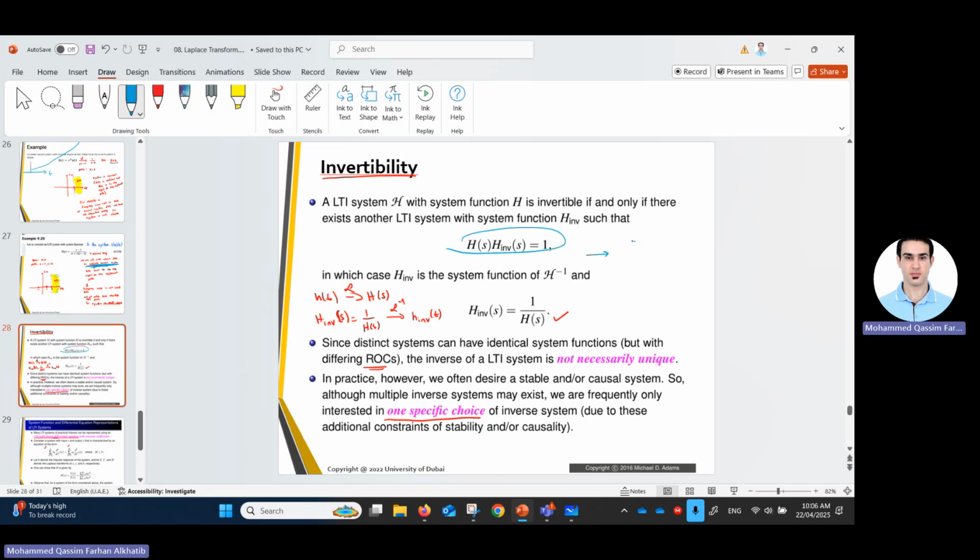Assume that there's a system H of S, and there is another system here, H inverse of S. If I apply x of s, I should get x of s. Why? Because their equivalent is 1. So if my input is x of s, the output should be x of s. Clear?